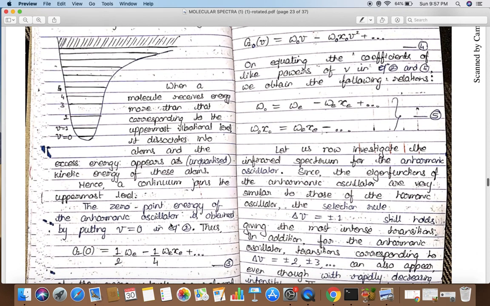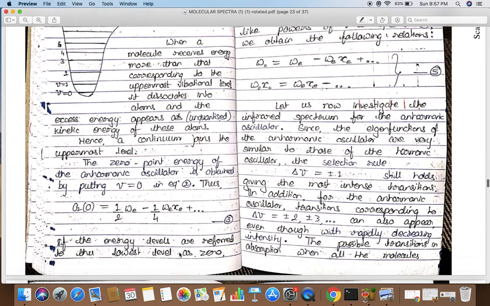The zero point energy of the anharmonic oscillator is obtained by putting nu equal to 0 in equation number 2. Then you have one half omega e minus one fourth omega e xe.